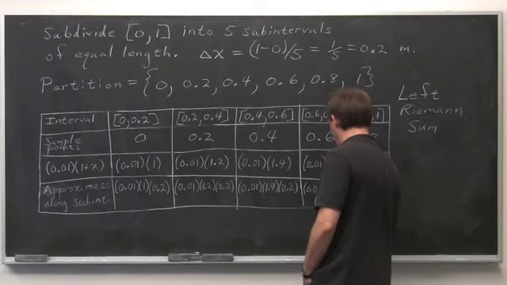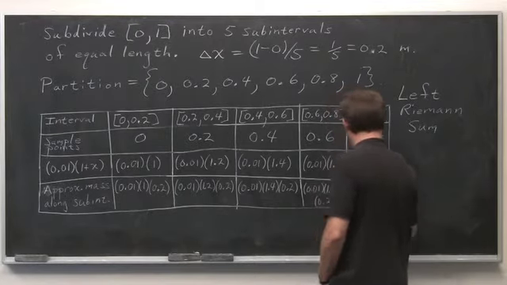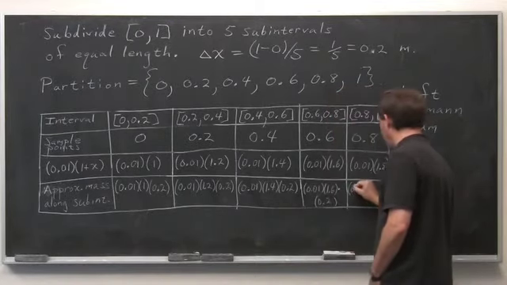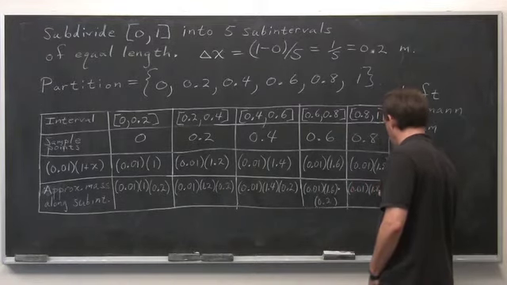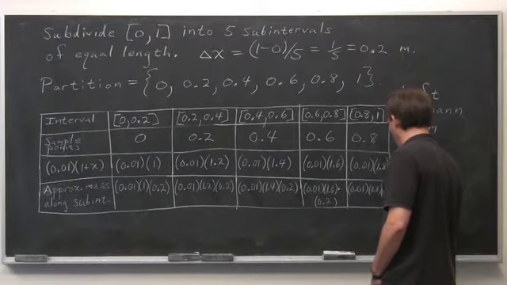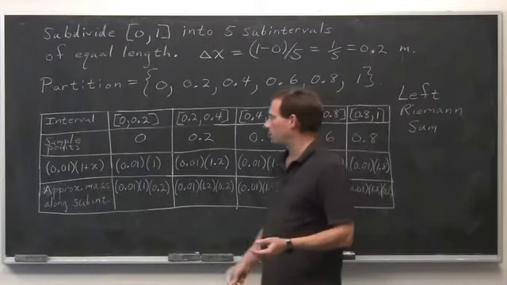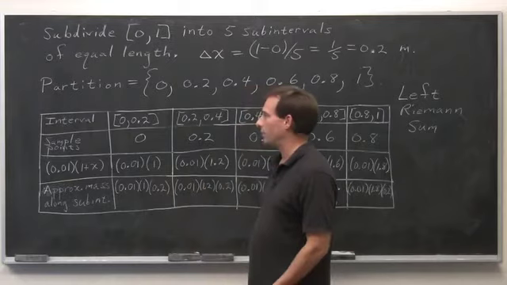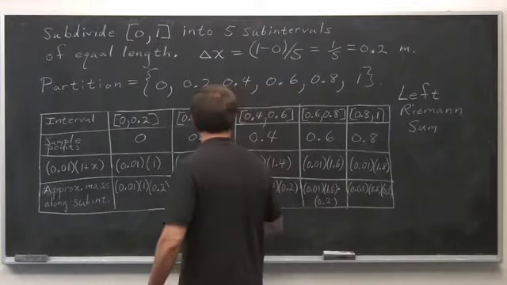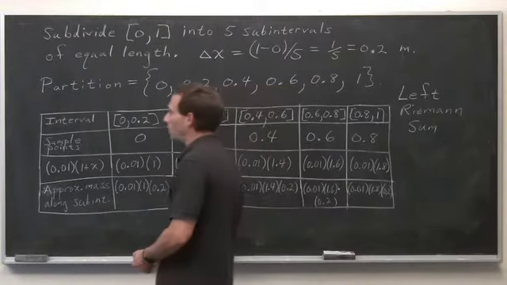Times 0.2. And finally, 0.01 times 1.8 times one last 0.2. Great. So those are approximations of the little amounts of mass above each of those subintervals, and you add these up to get the Riemann sum.